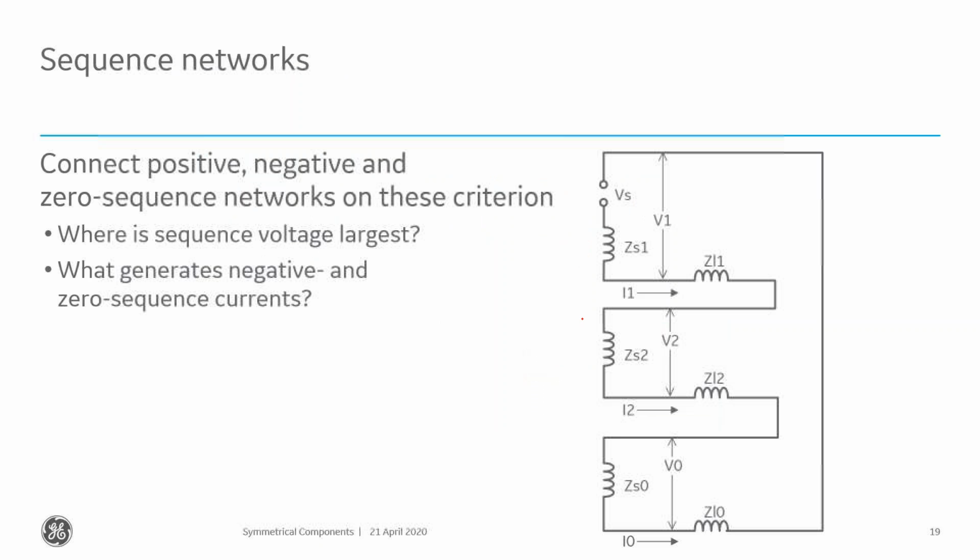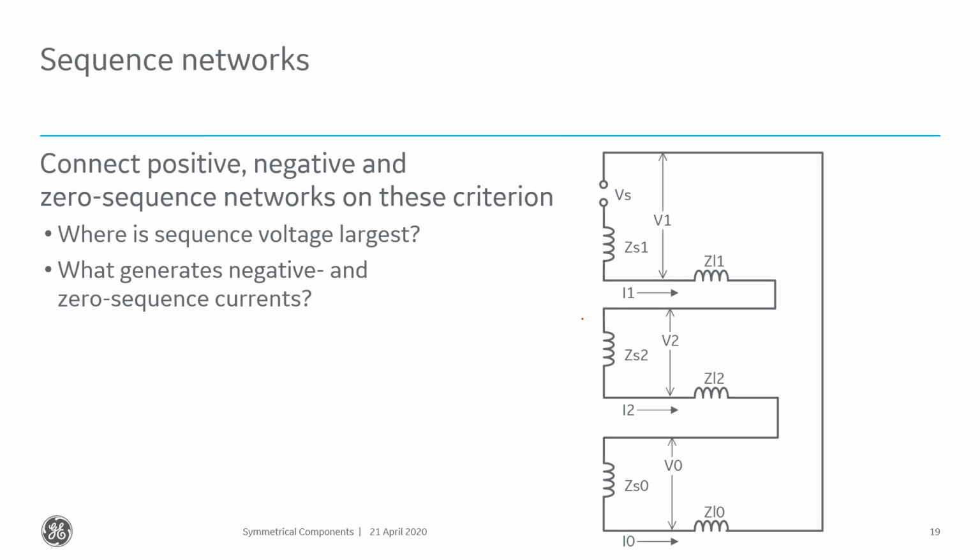Now, what I get out of these sequence networks is the ability to build three different sequence networks. I can have a positive sequence network, a negative sequence network, and a zero sequence network.